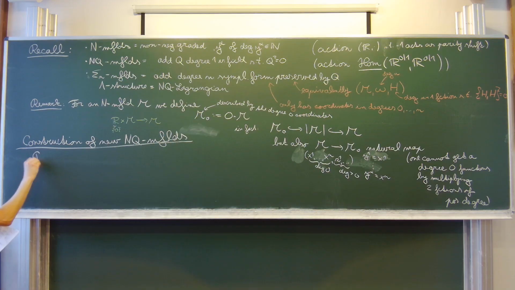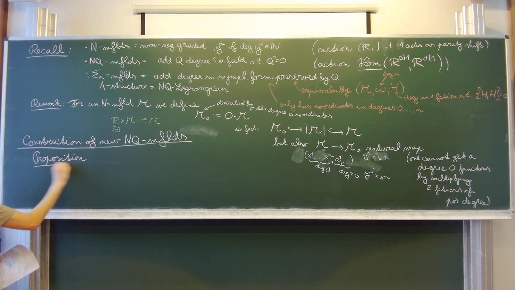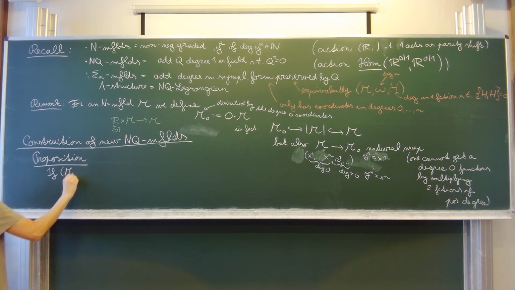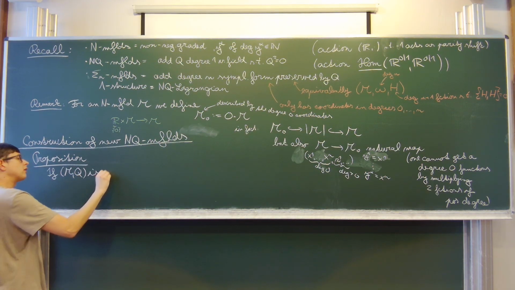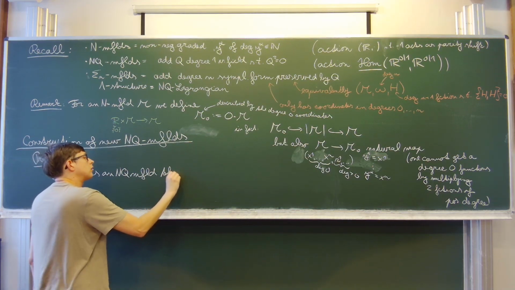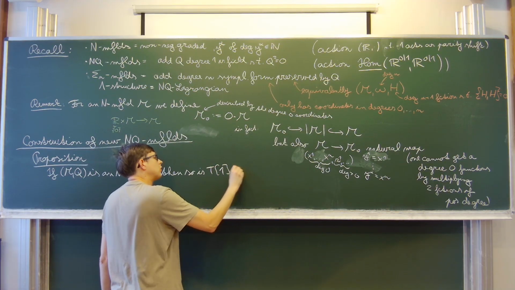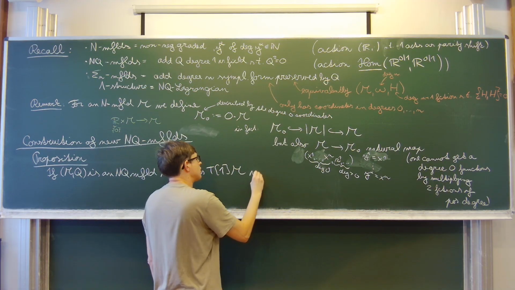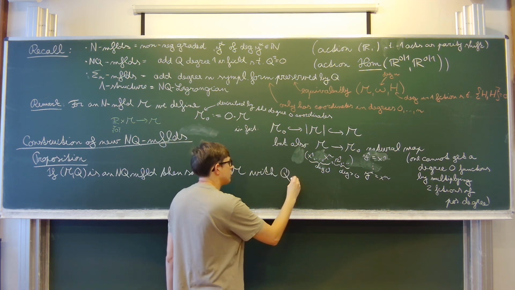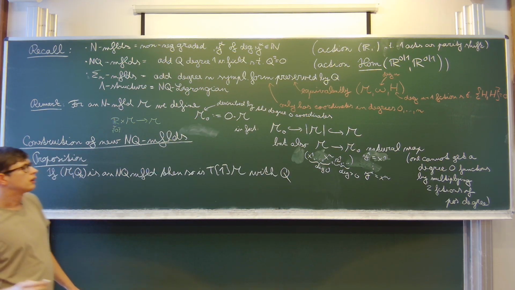One of them says, formulating the proposition: if we start with an NQ manifold M with Q, then so is its shifted tangent bundle with the new Q. Let's give them subscripts so that we can distinguish them.